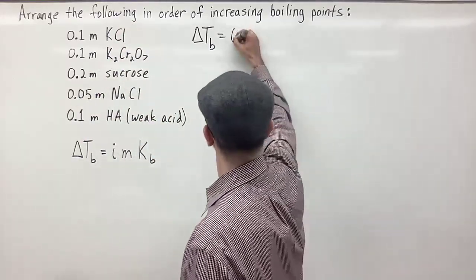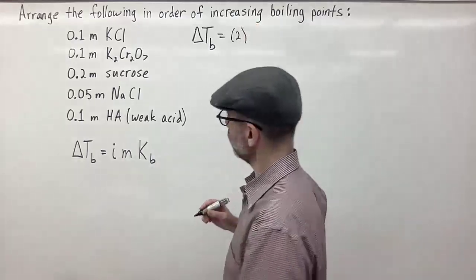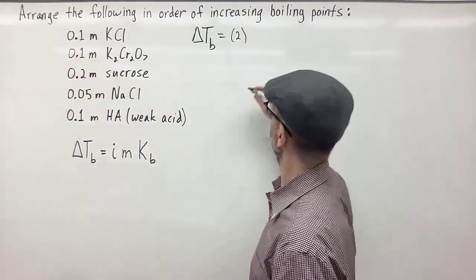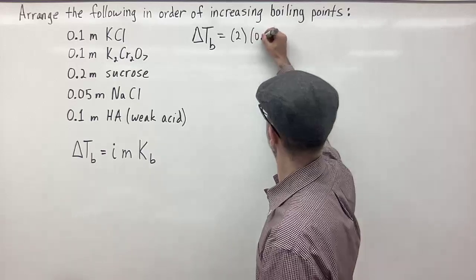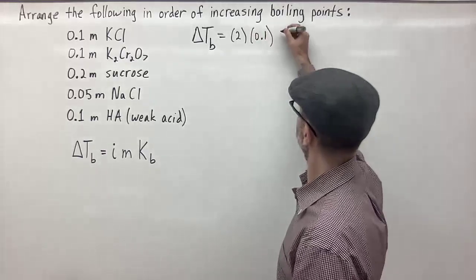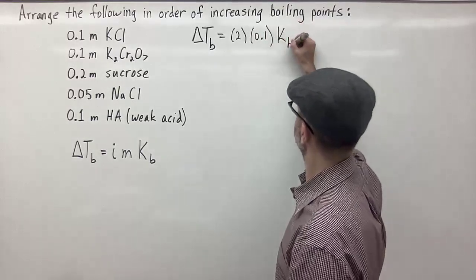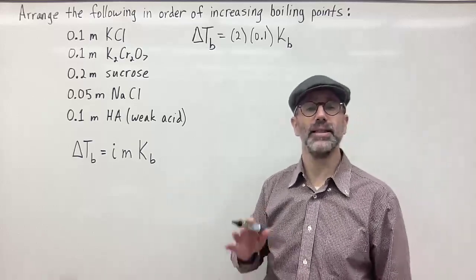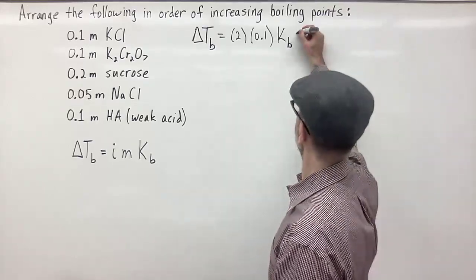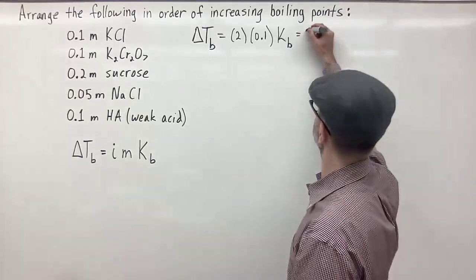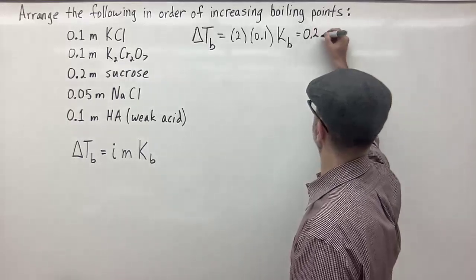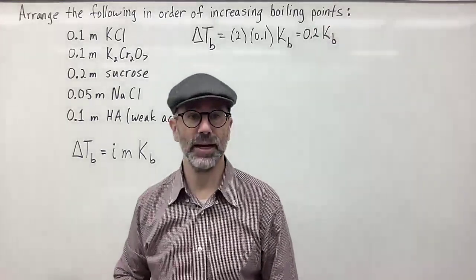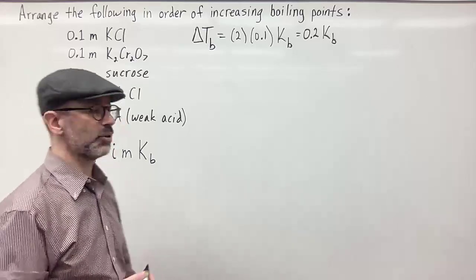My molality is 0.1, so I put in 0.1, and that's going to be multiplied by my Kb. It doesn't matter what Kb is because everything is going to be related to Kb. So when I multiply this together, I get 0.2 Kb.